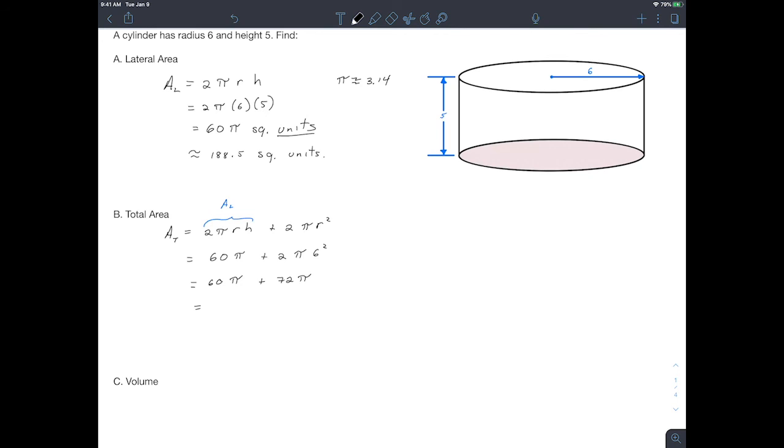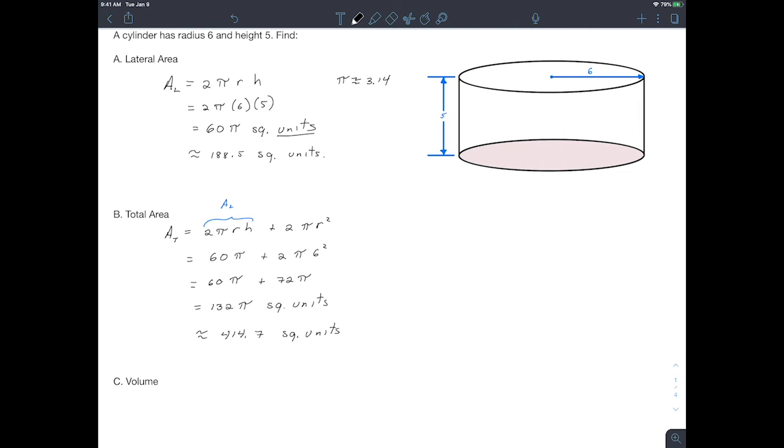And finally, our exact total area is 132 pi square units. And again, we will get our approximate. 132 times the 3.14 comes out to 414.7 square units.